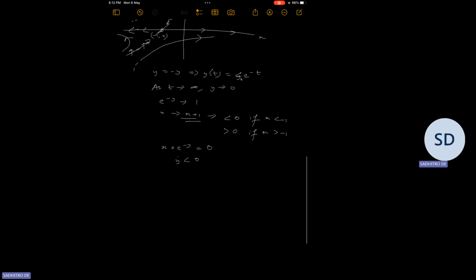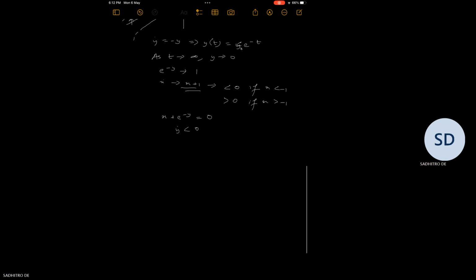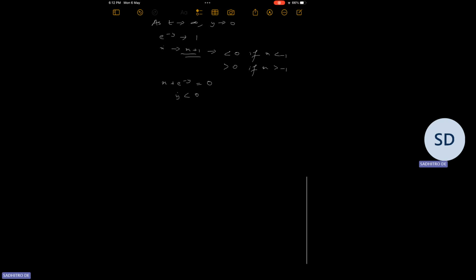Now, as we saw in one-dimensional systems, there was an existence and uniqueness theorem. Similarly, two-dimensional nonlinear systems also have an existence and uniqueness theorem.